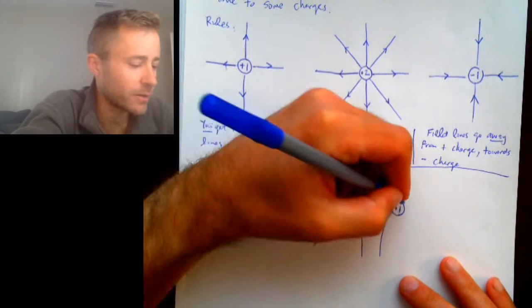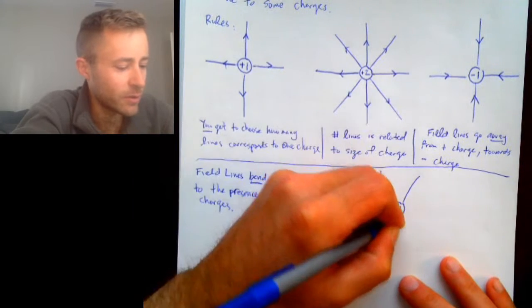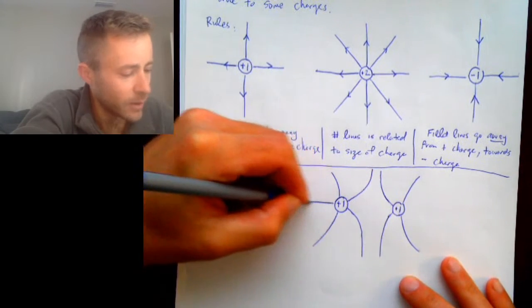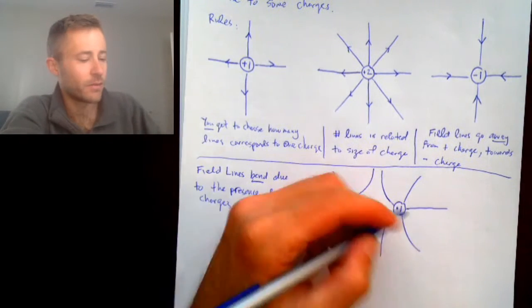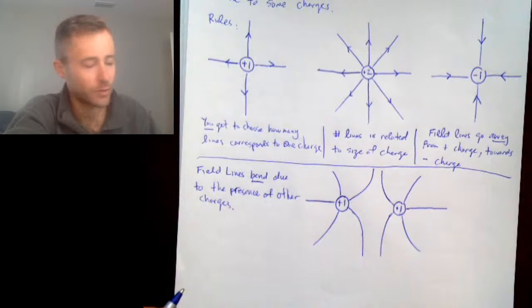So this pattern kind of looks like this. This is a universe where 5 lines is a +1 charge.